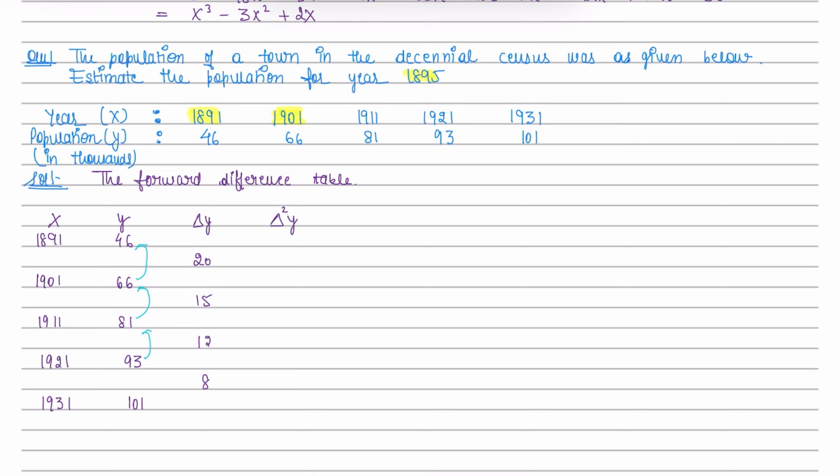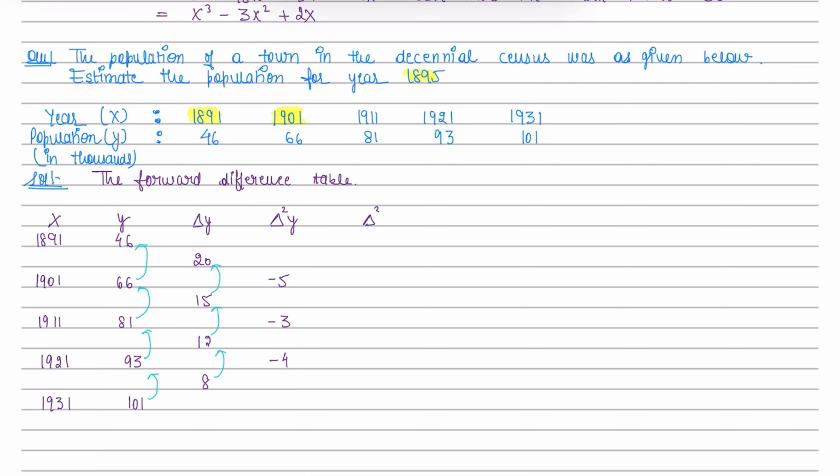For forward square y, it will be 15 minus 20, which is minus 5, 12 minus 15, that is minus 3, and then 8 minus 12, which is minus 4.